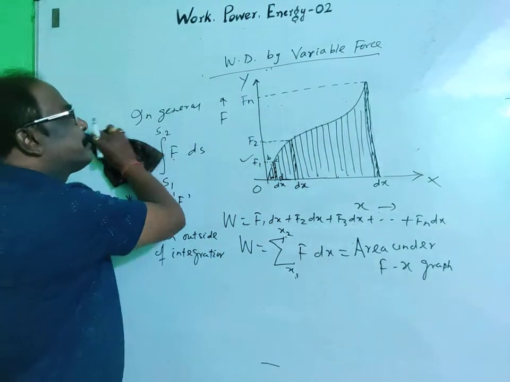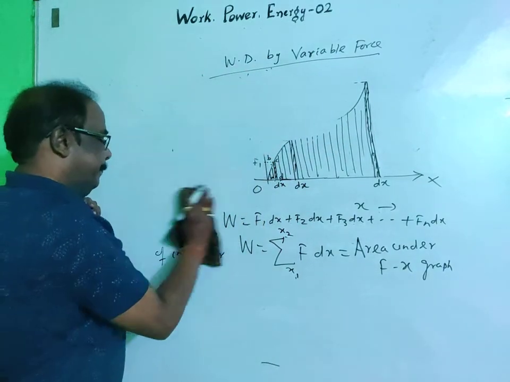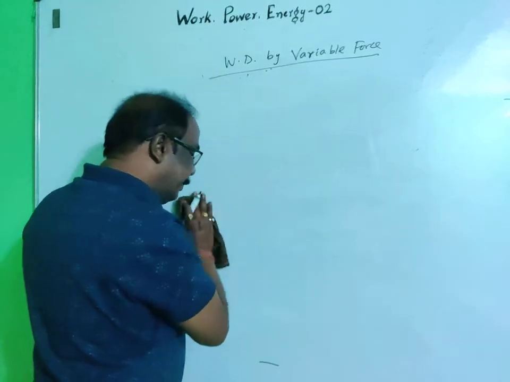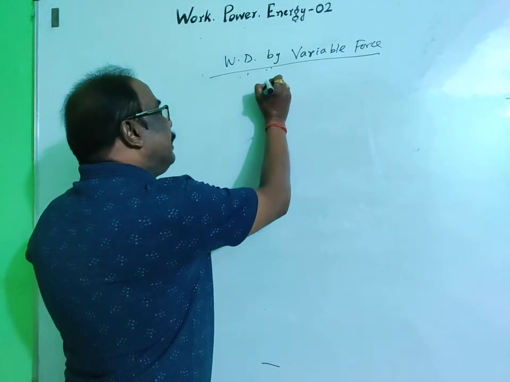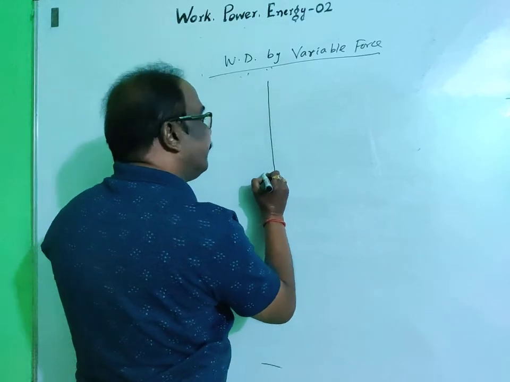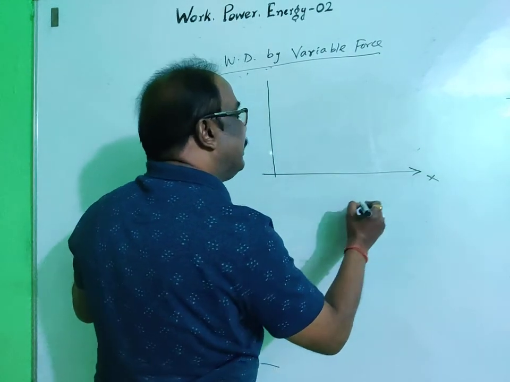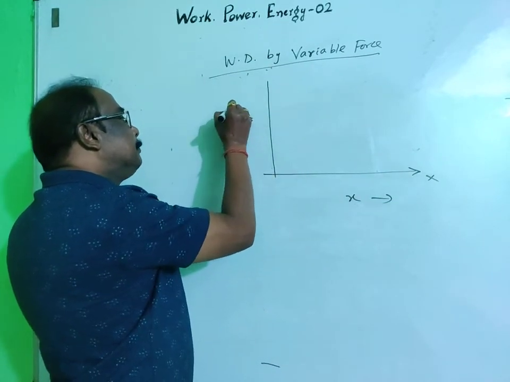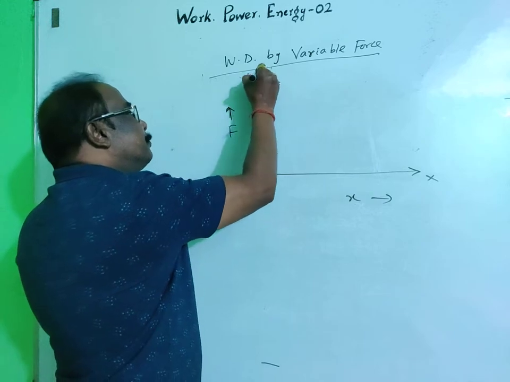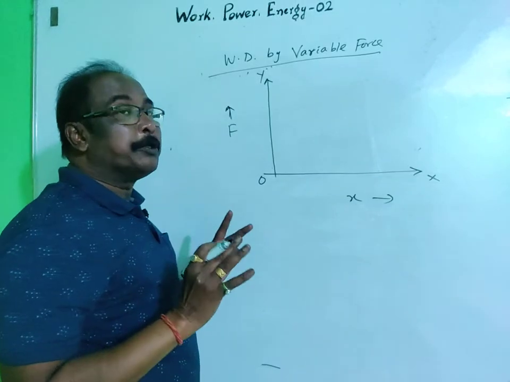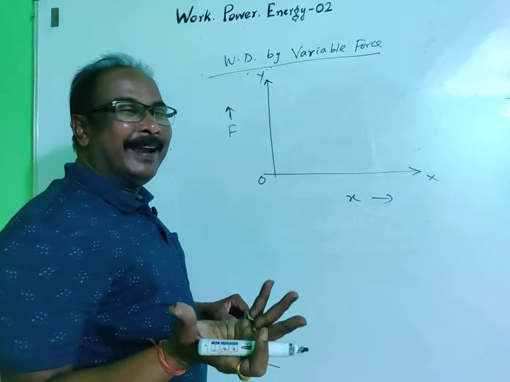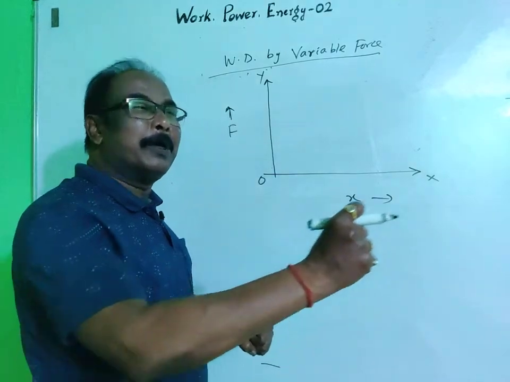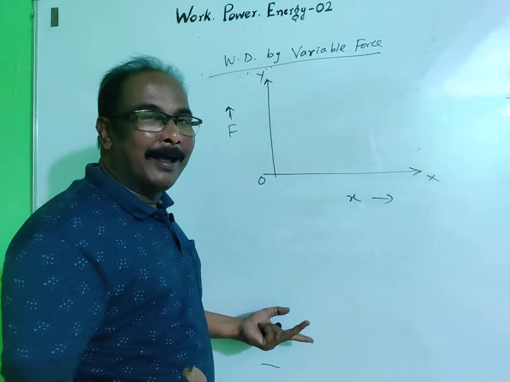Okay, let's see first graphical method. Let's see how you can calculate work by using graphical method, area under the graph. Suppose displacement along x-axis and variation of magnitude of force is shown along y-axis, and let's assume again direction of displacement is along x-axis, force is also applied along x-axis, means theta is 0 degree.